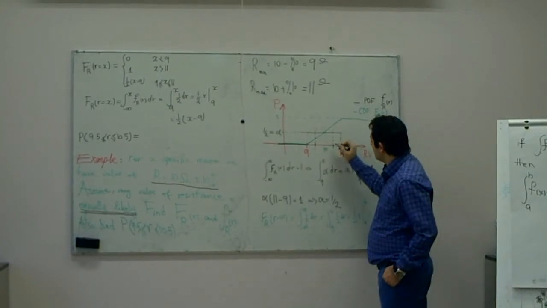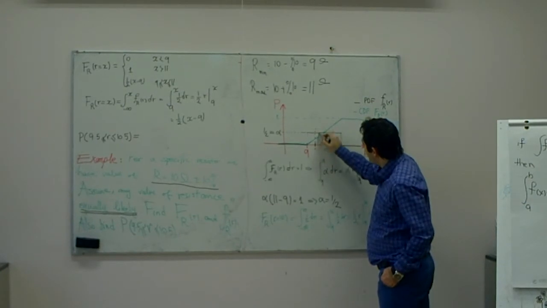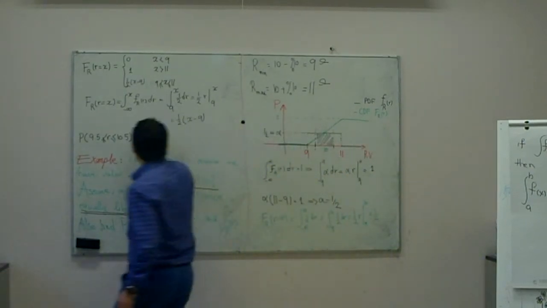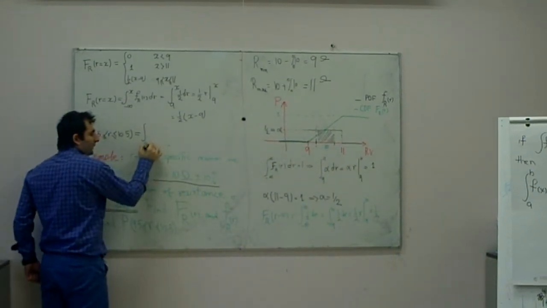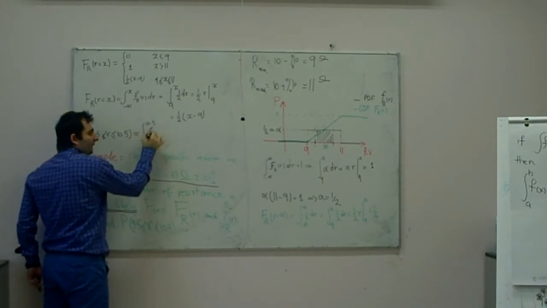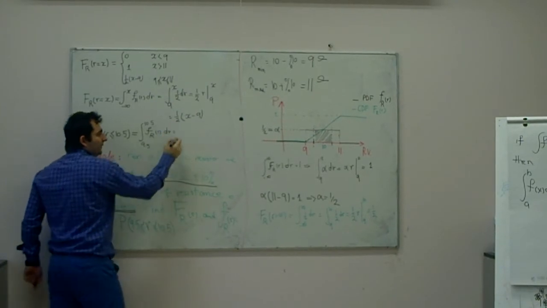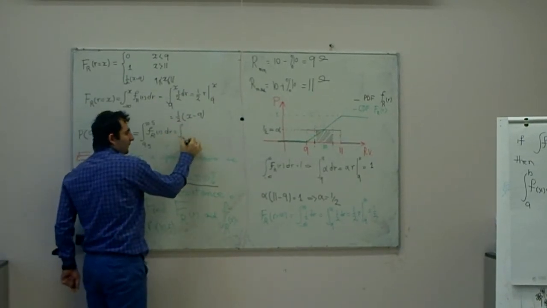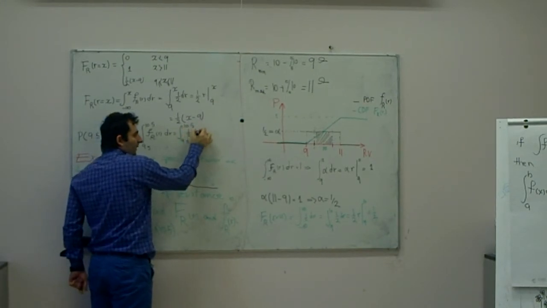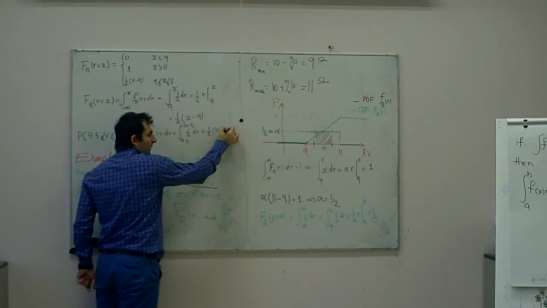It means what is this area? It means the integral from 9.5 to 10.5 of f of r dr, which is the integral from 9.5 to 10.5 of 1 over 2 dr, which will be 1 over 2 multiplied by 10.5 minus 9.5.